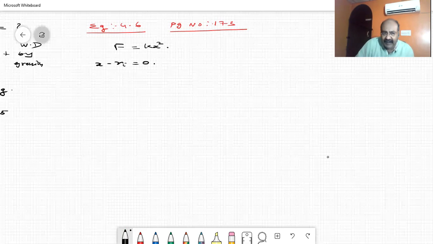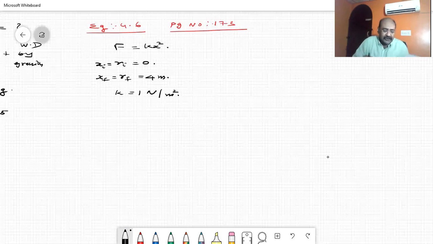So xi, or ri, is equal to 0, to the final position xf, or as we have studied in our theory, final position rf, which is equal to 4 meters, and the value of the constant k is equal to 1 Newton per meter square. So you are asked to calculate the work done. F they have given, xi and xf they have given.